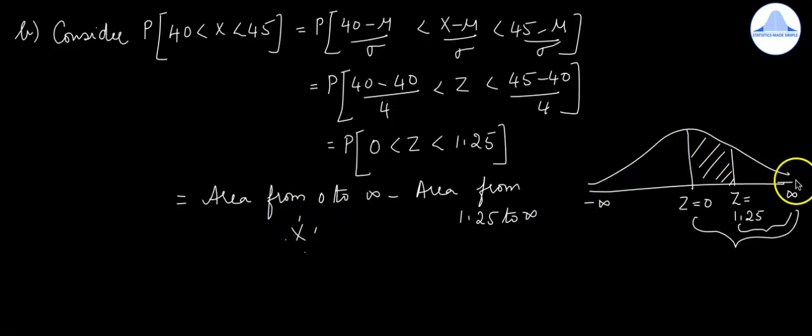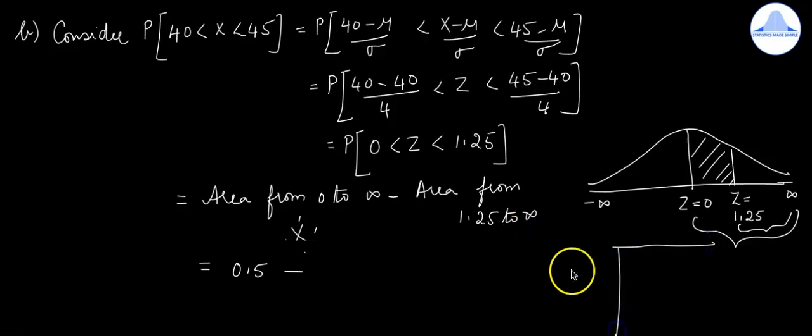So now what I'm going to talk about is important. The total area under the curve is 1. So from 0 to infinity, it is always 0.5, and from 0 to minus infinity also the area is 0.5. So remember that the area from 0 to infinity is 0.5 minus the area from 1.25 to infinity. Now how do you find this area, from 1.25 to infinity?